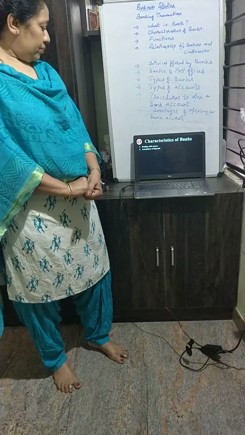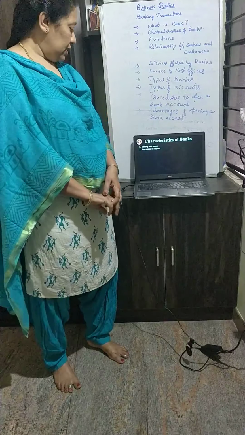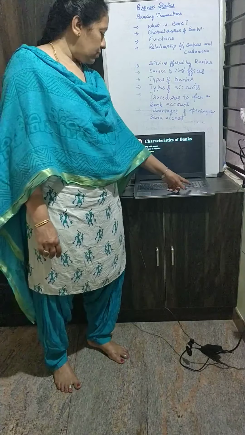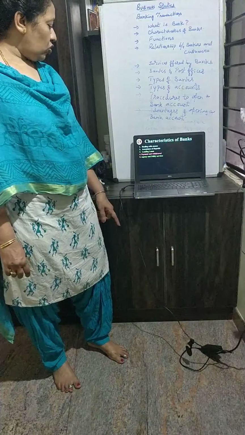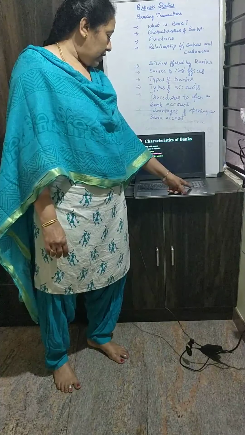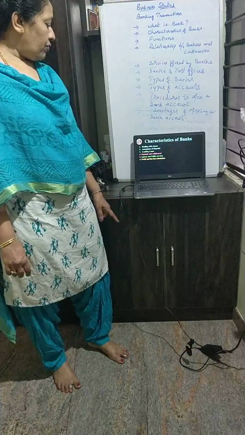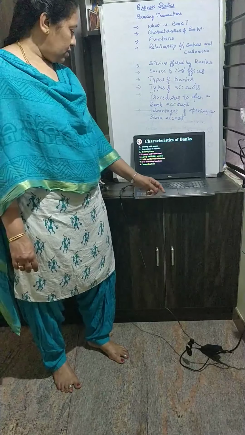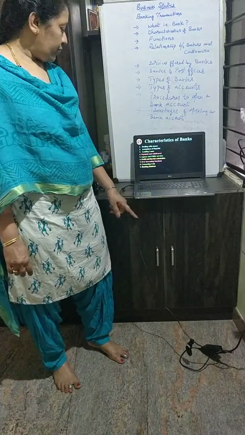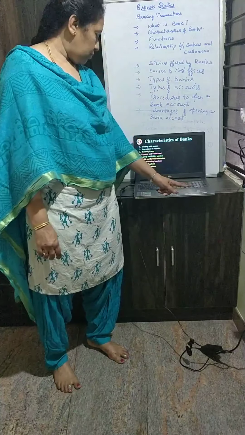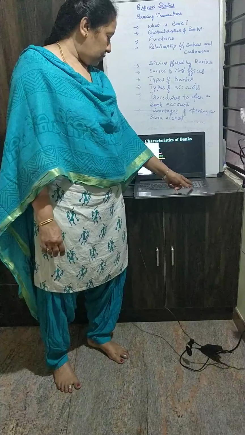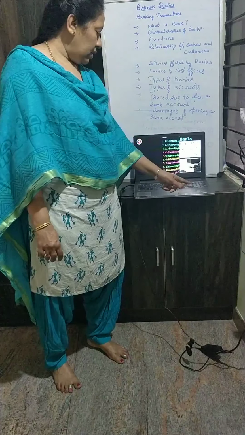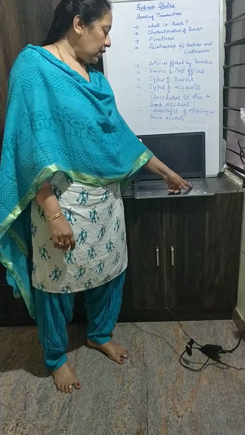So it deals with money, accepts deposits, lends loans, payment and withdrawal, agency and utility services, profit and service orientation, ever increasing functions, connecting links, banking business, name identity, individual or firm or company. A bank can be an individual or firm or company.